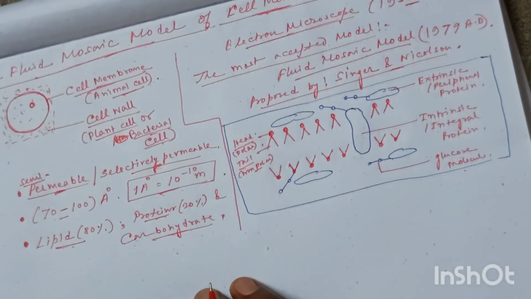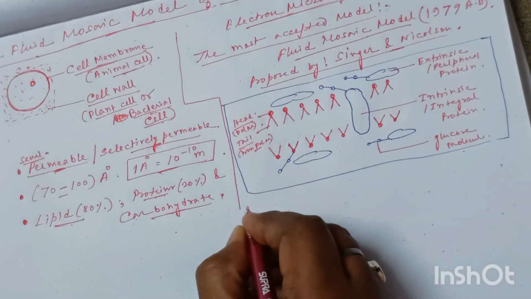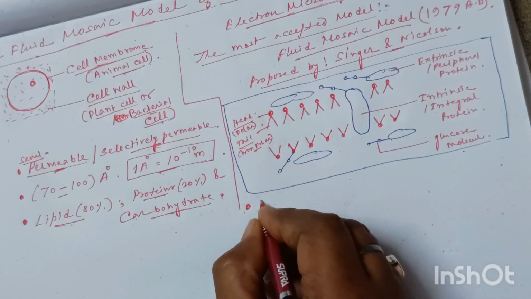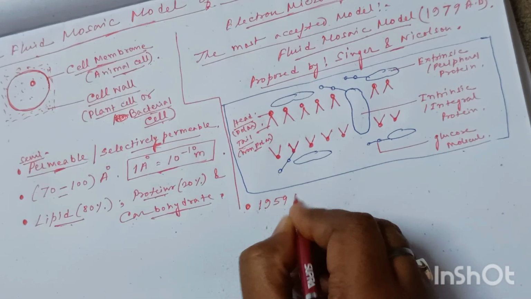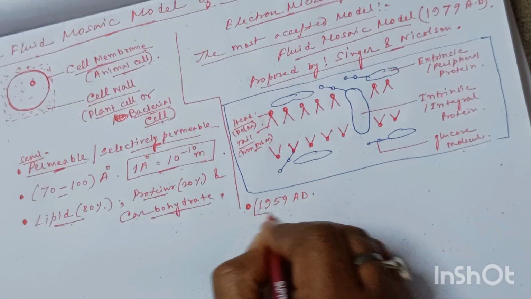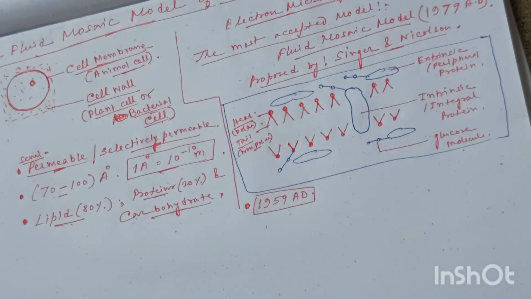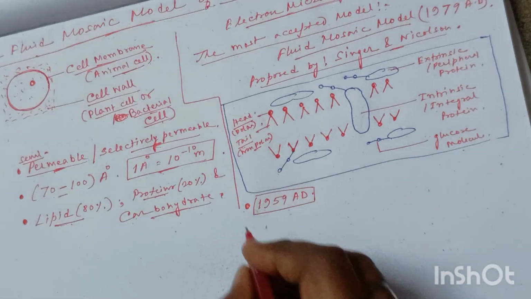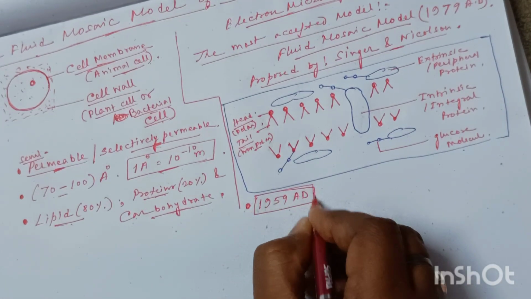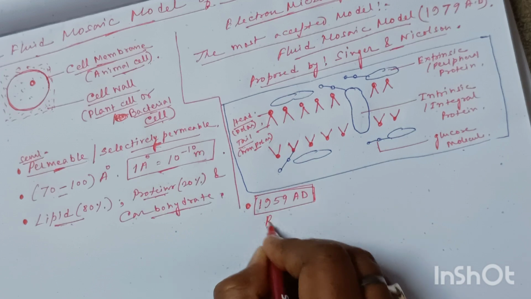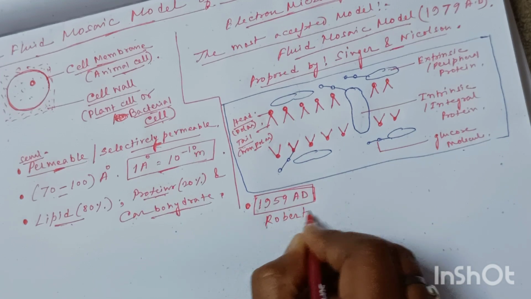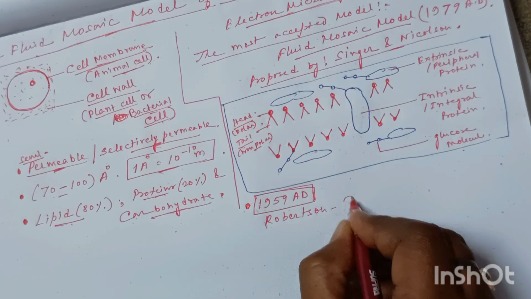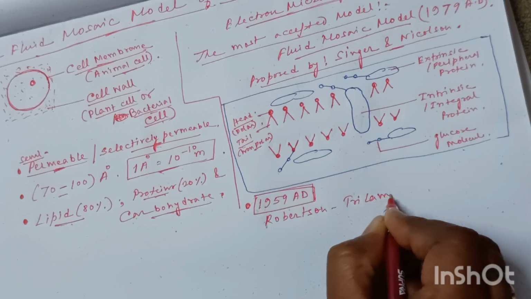After the invention of the electron microscope, in 1959 AD, another model came, which is the Robertson trilaminar model.